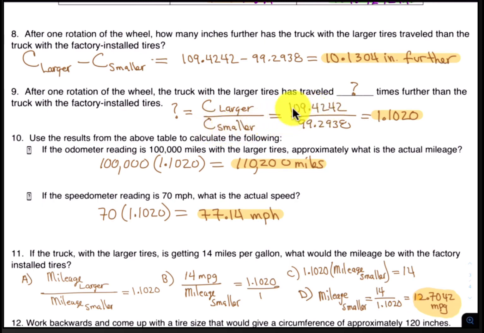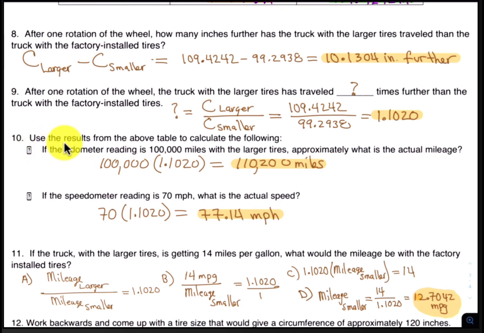So the circumference of the larger is the 109.4242, and the circumference of the smaller is 99.2938. We'll divide these two numbers, and so the larger truck has traveled 1.1020 times the smaller one.